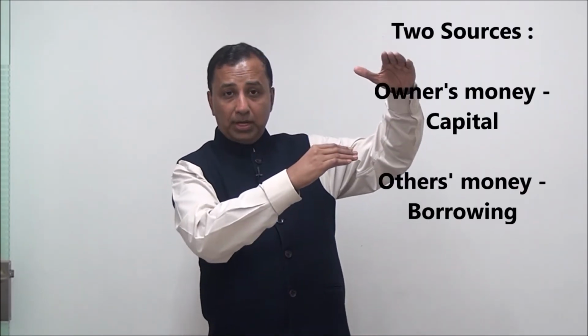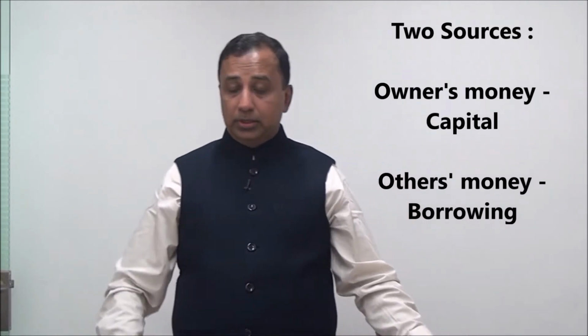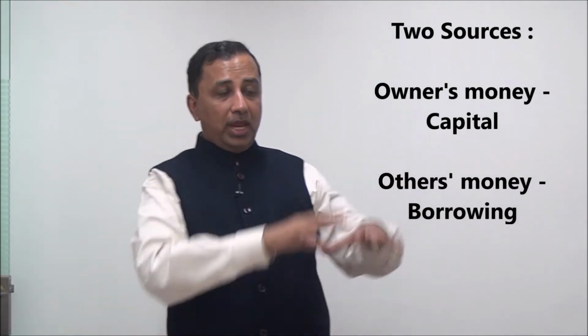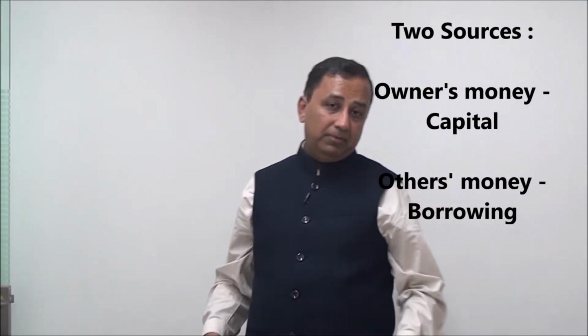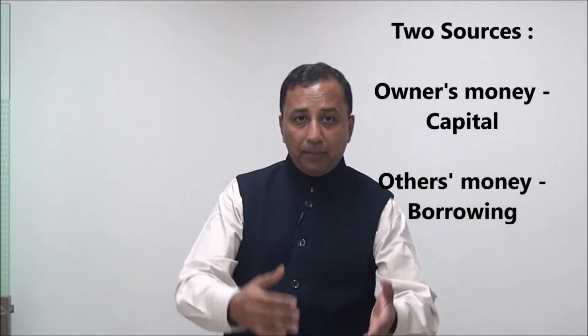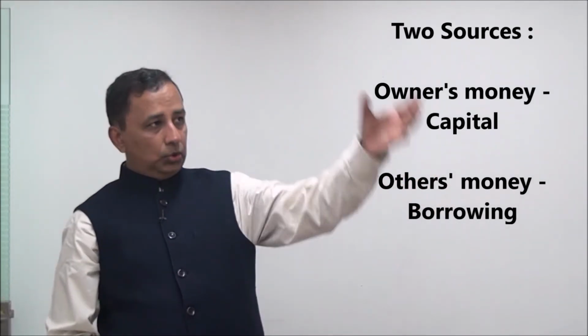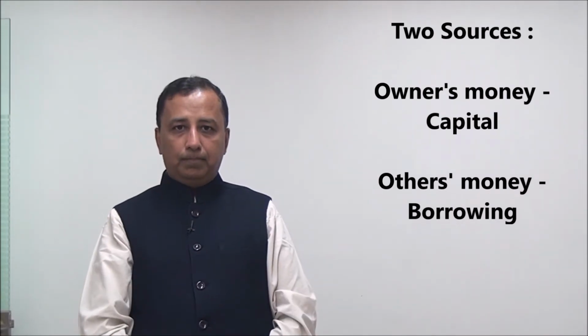So here we have two sources: owner's money and borrowing. Some people prefer that all the money we will put, we don't want borrowing. So all their money put together is capital. Some people will say, okay, I have limited money, but I need more money. So they will put in their capital and will also borrow. So we have two sources, capital and borrowing.